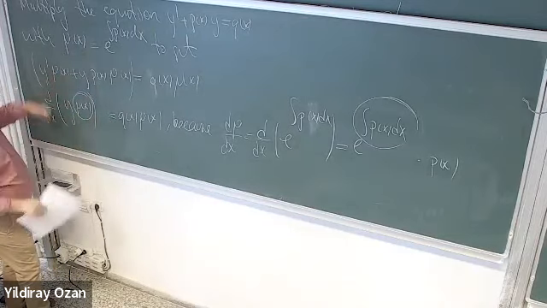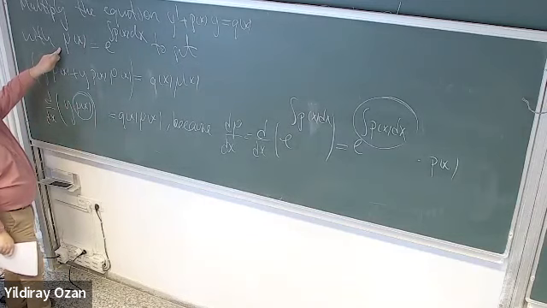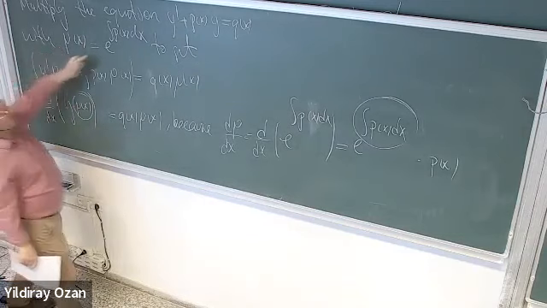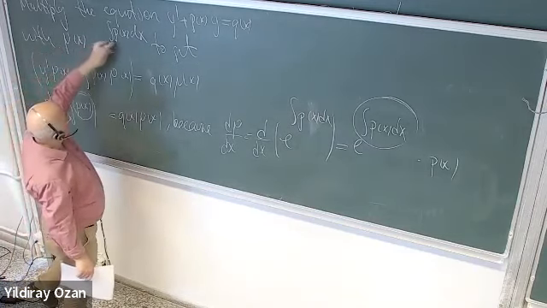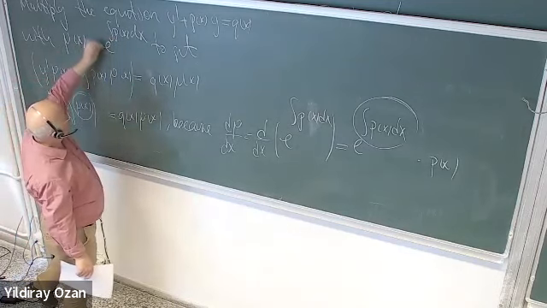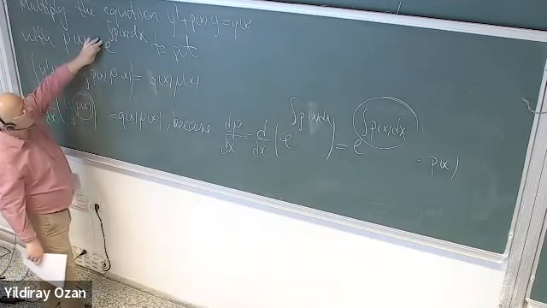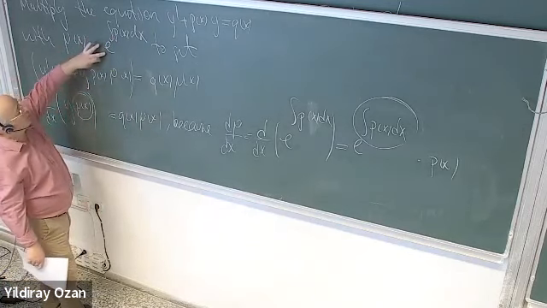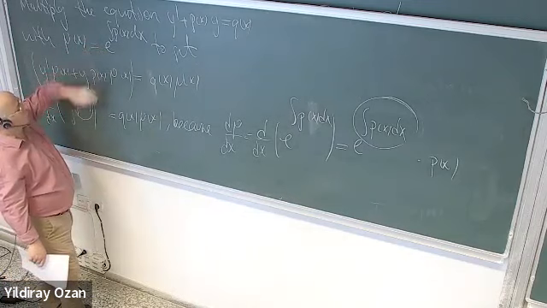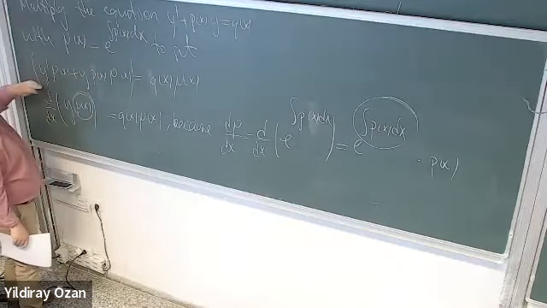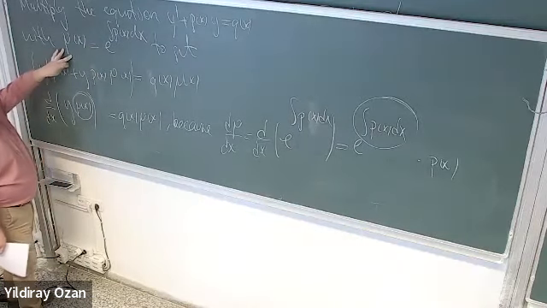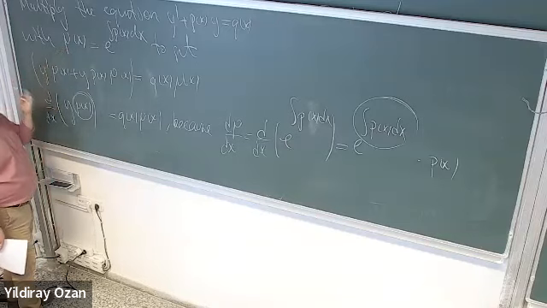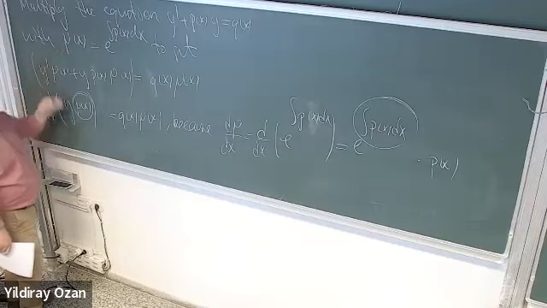And note that this function here is the exponential of the integral of p. This function is always non-negative, always non-zero. Therefore, multiplying our equation with this function doesn't cause any loss because you can always divide with this function.